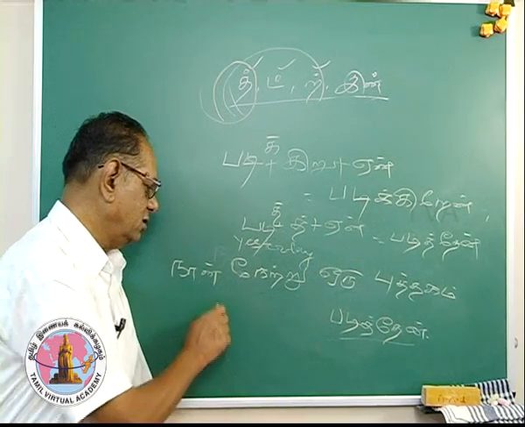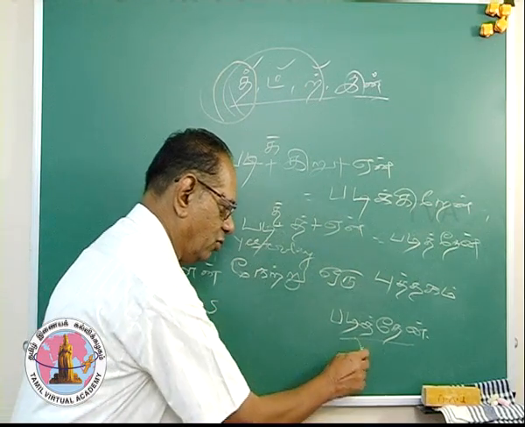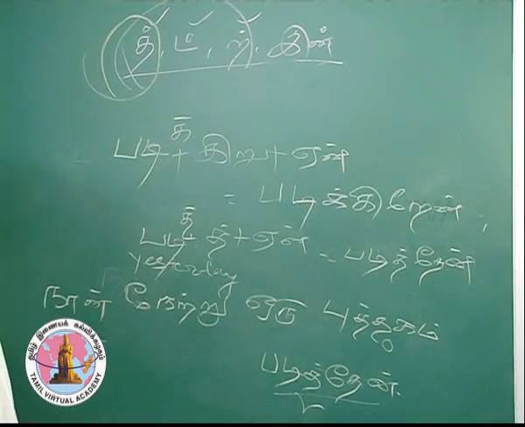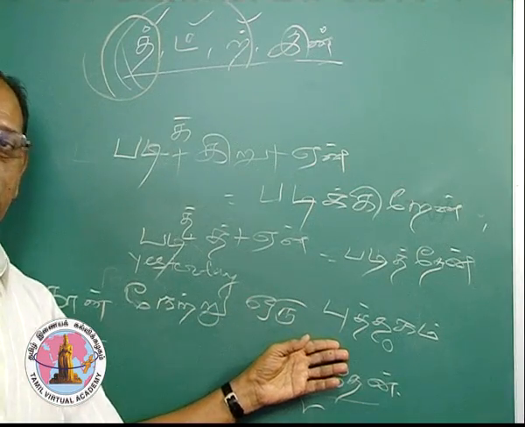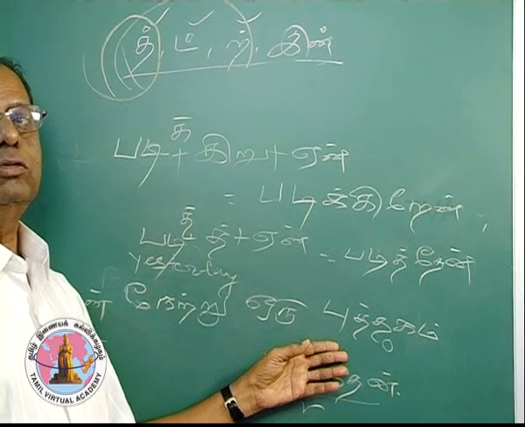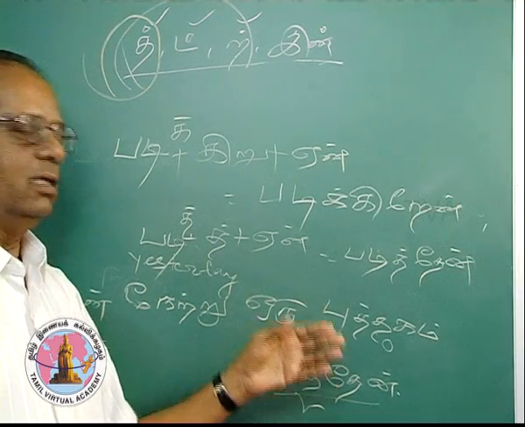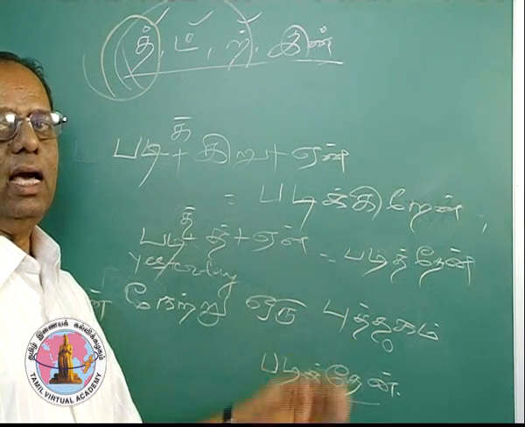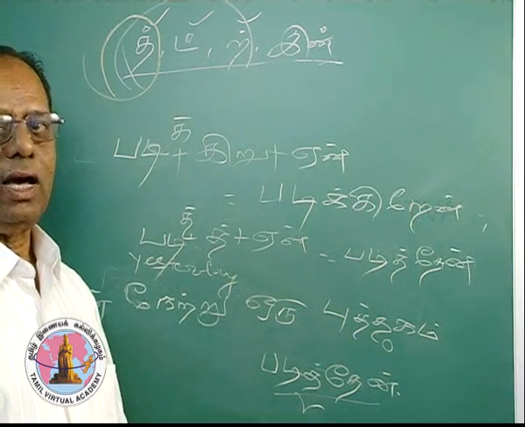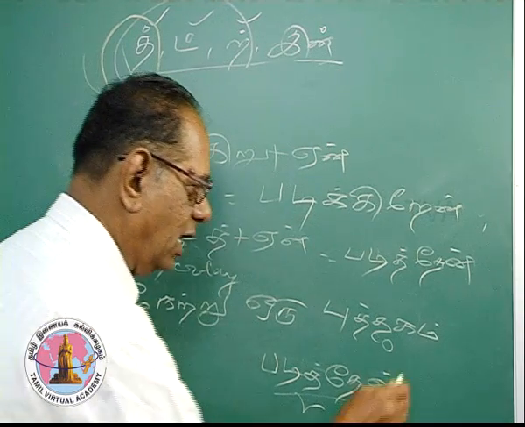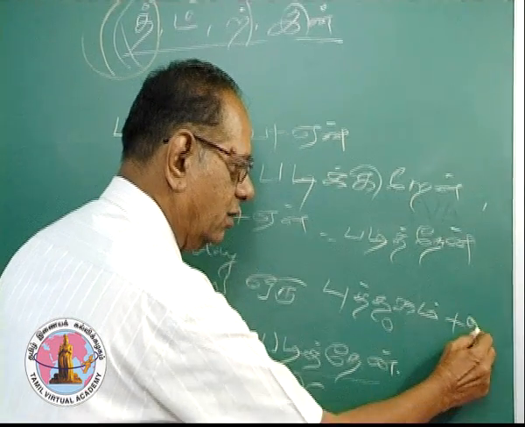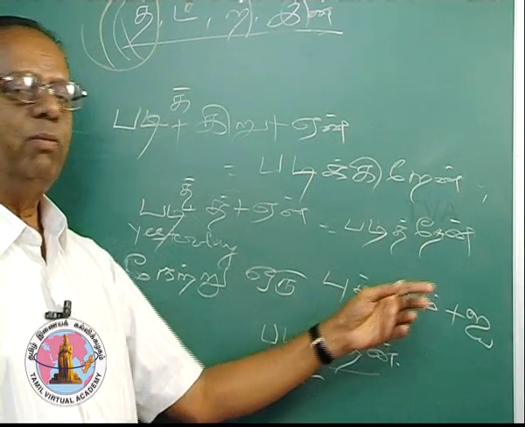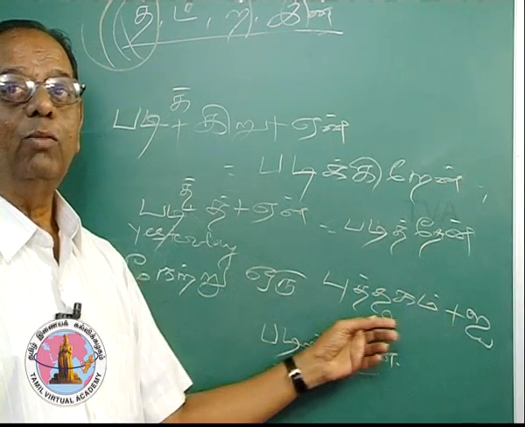Here this is subject, this is verb and this is object. An object must be in the accusative case. The object must have the accusative case marker. What is the accusative case marker? I. Puttagam plus I would become Puttagattai.